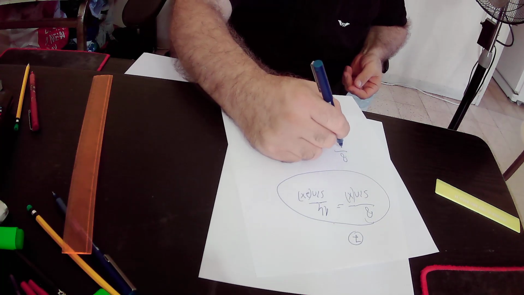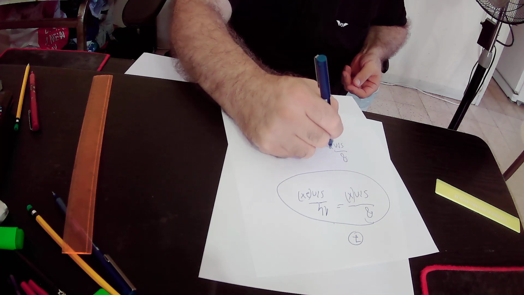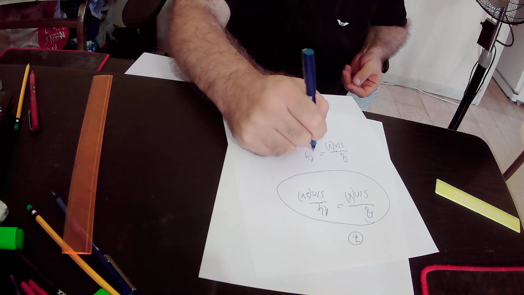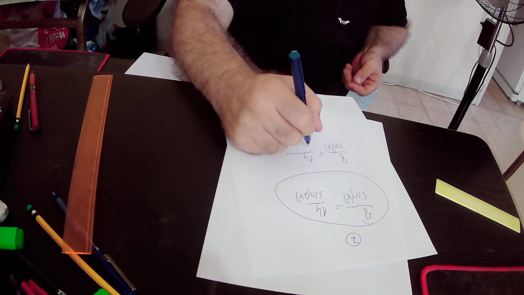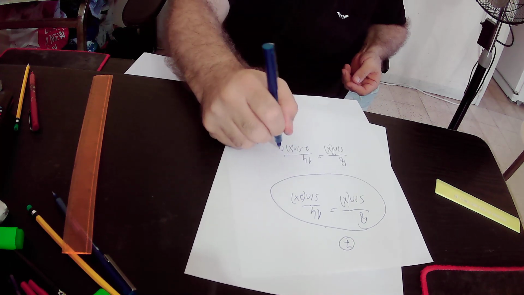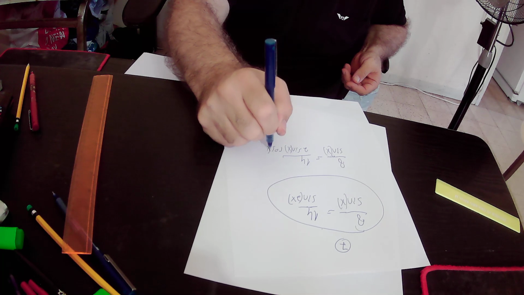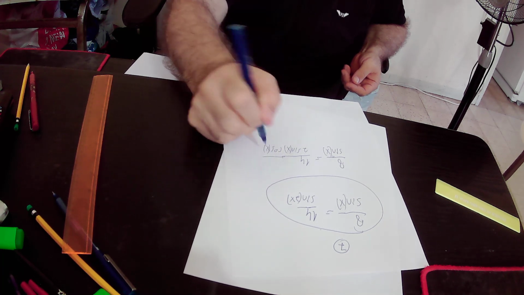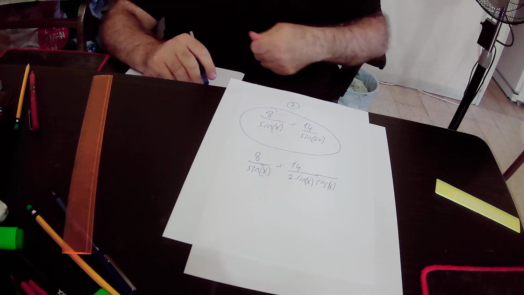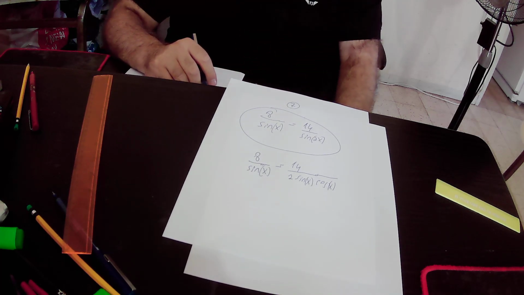8 over sine x equals 14 over 2 sine x cosine x. Okay, we got this equality according to the law of sines.